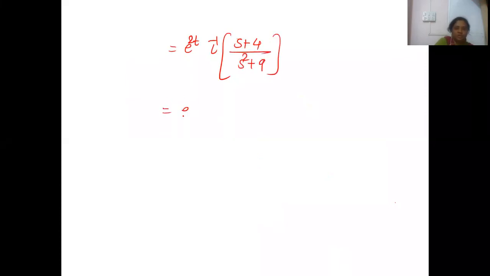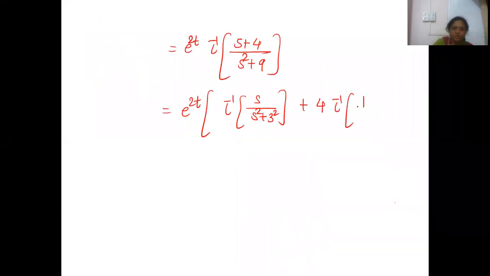Now we can separate: e raised to 2t is there, then Laplace inverse of s upon s square plus 3 square, plus 4 out, Laplace inverse of 1 upon s square plus 3 square.